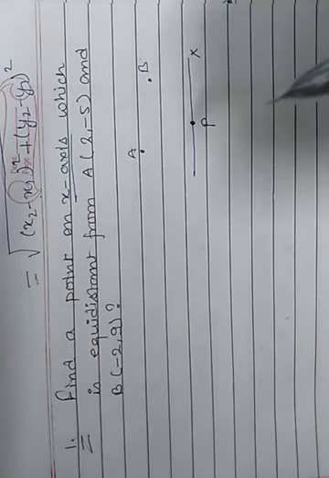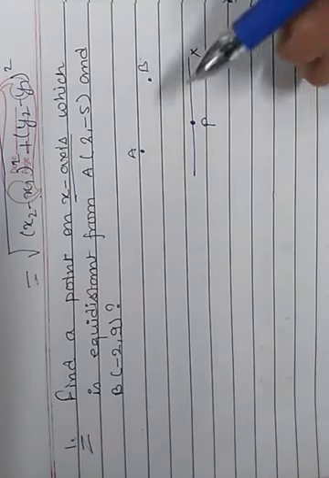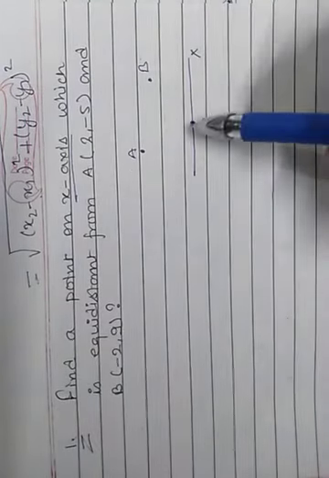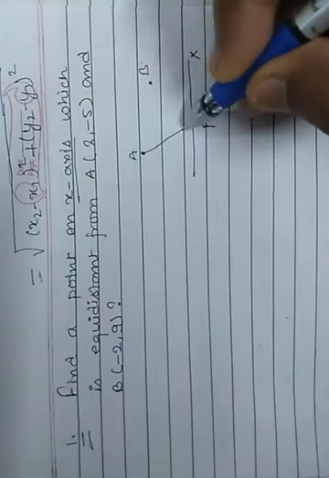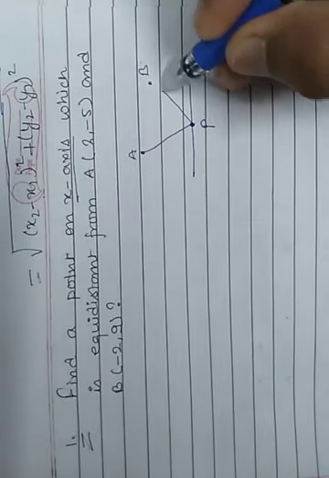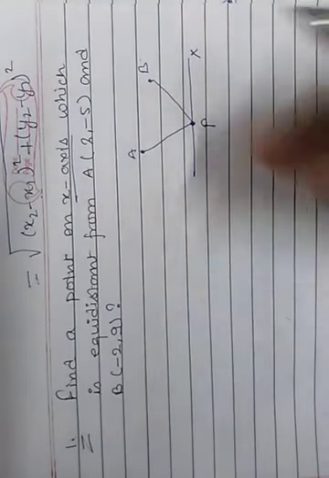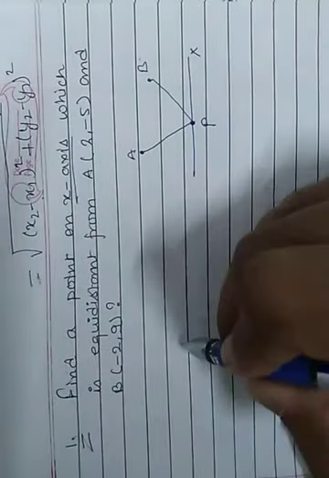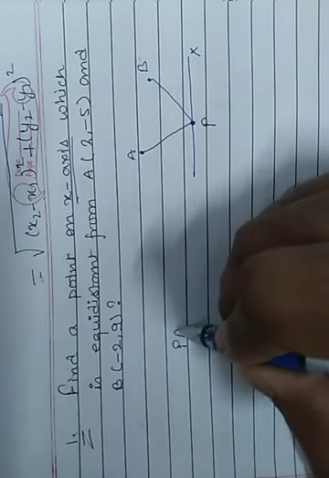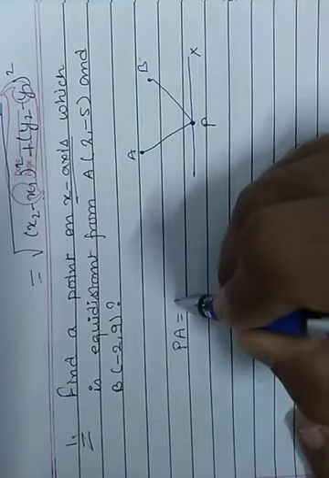Suppose this is your x-axis. Now according to the question, this point P on the x-axis is equidistant from A as well as from B. It means distance PA is equal to distance PB.